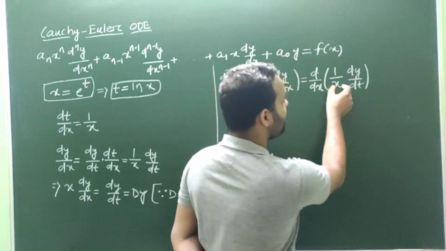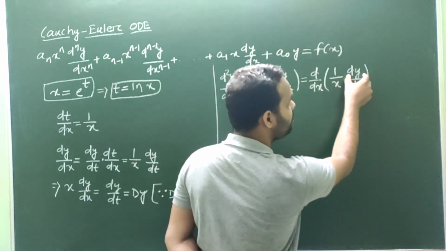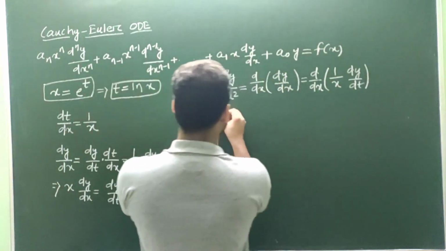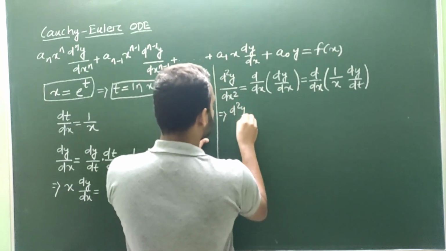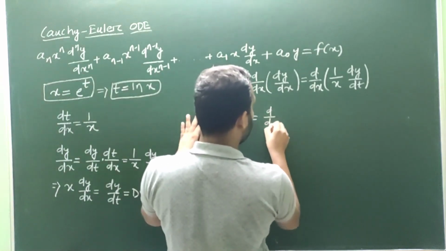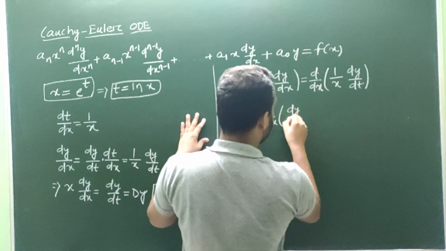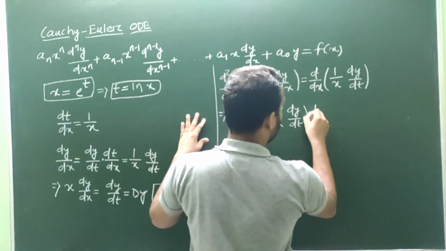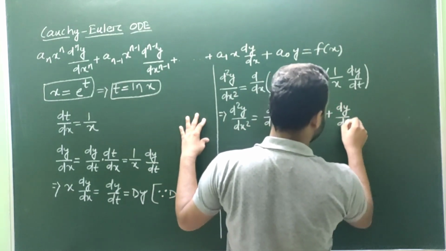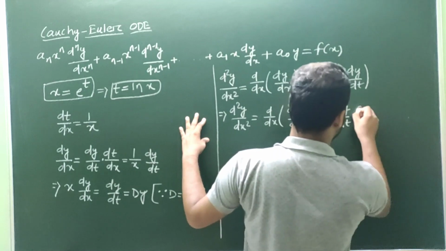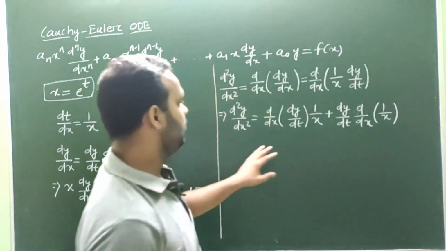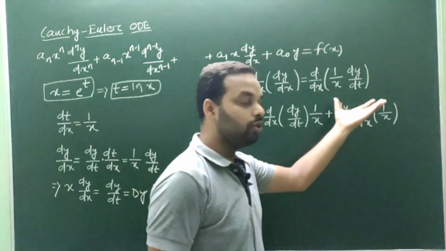In the product rule, you keep one term and take the derivative of the other, and then take the other term and take the derivative of the first. Now d square y by dx square is equal to d by dx of dy by dt times 1 by x as it is, then dy by dt times d by dx of 1 by x. We have done the simple product rule here.